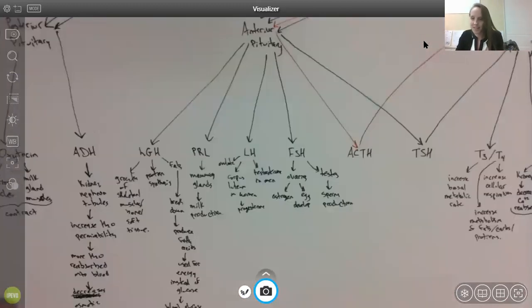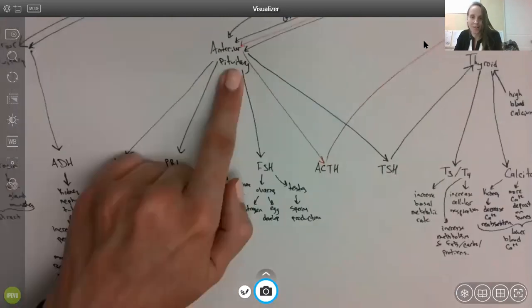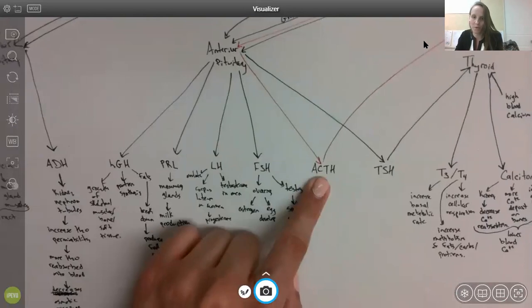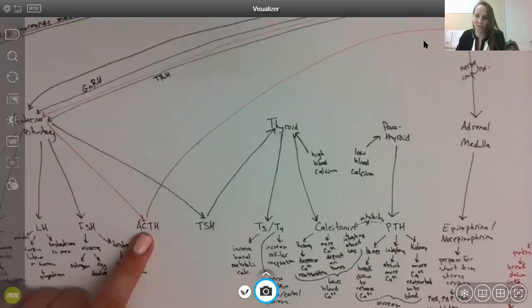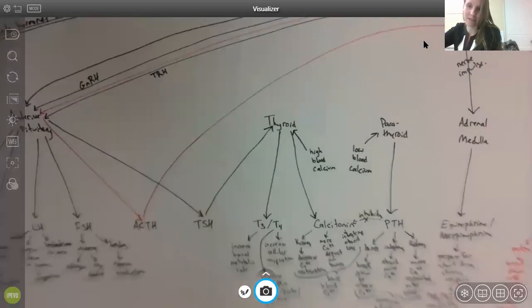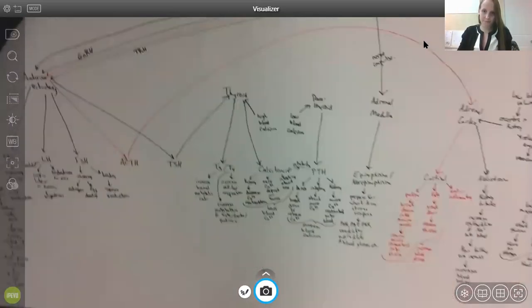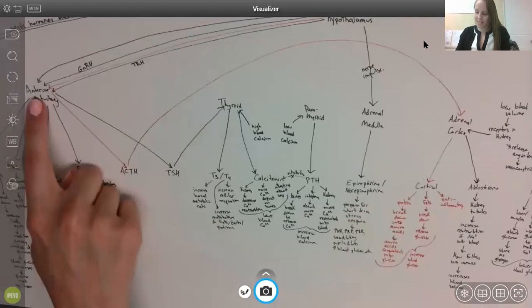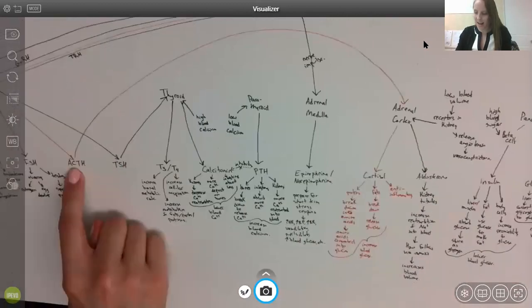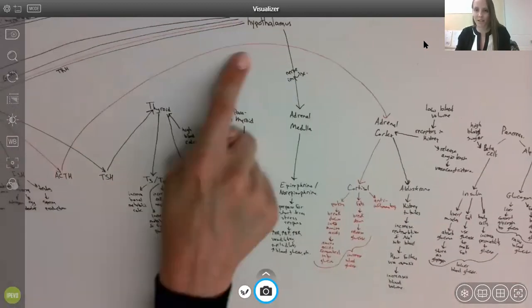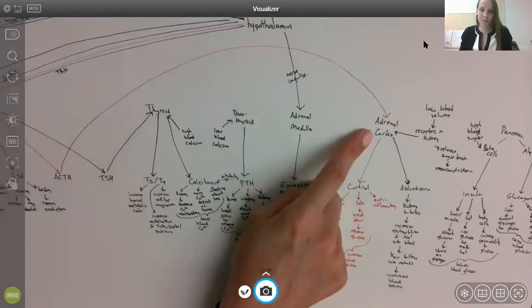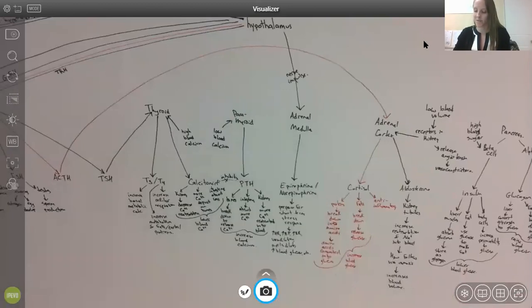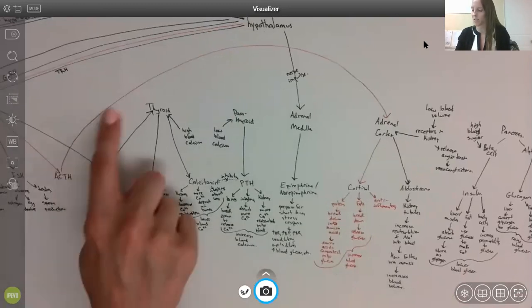And then we also have the anterior pituitary releasing ACTH, adrenocorticotropic hormone. And if we follow that over, I zoom out again for a second. So the anterior pituitary releases ACTH. That ACTH then goes over to the adrenal cortex. And we're going to talk more about the adrenal glands in a later lesson. But ACTH goes to the adrenal cortex.